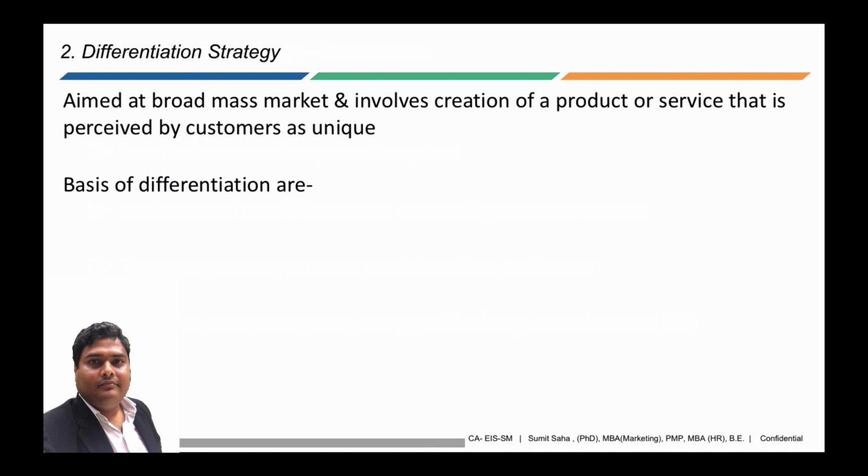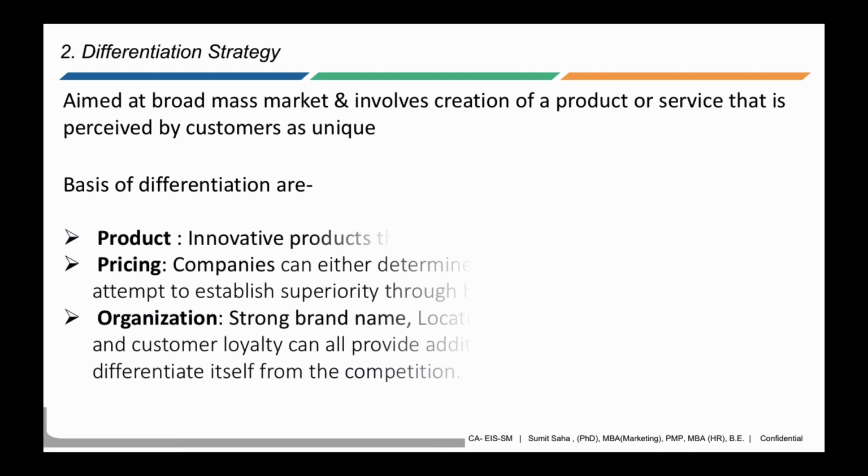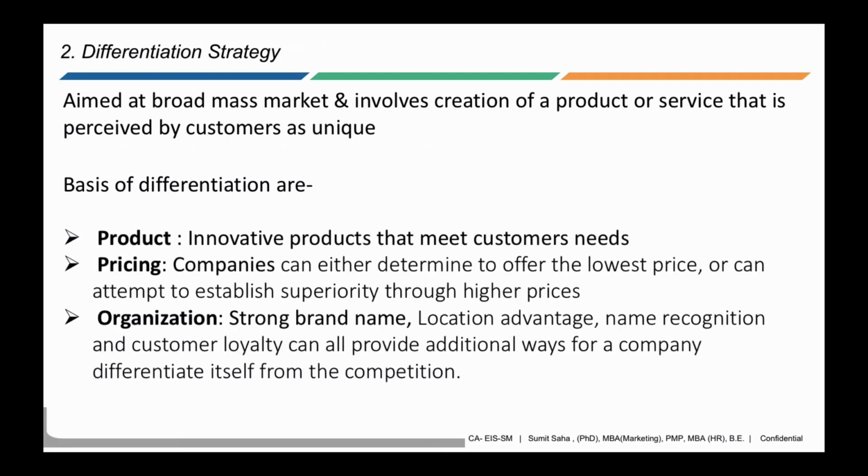Customers would love to buy that, even if they have to shell out slightly extra money. So the basic differentiations are product, price, and the organization. Product: which product or service you are buying. The second differentiation is pricing.